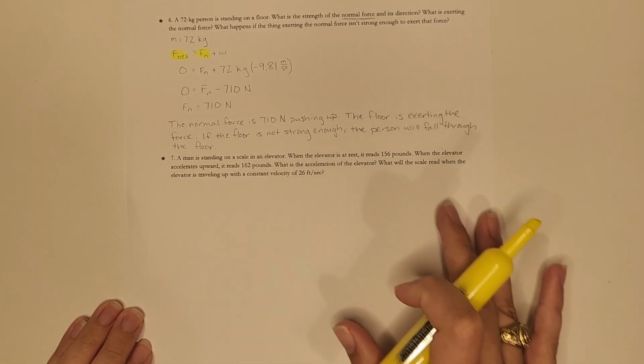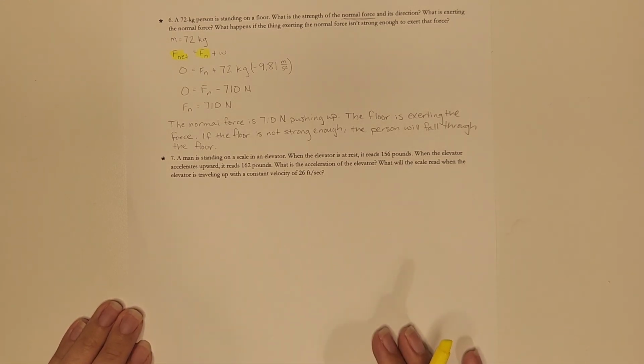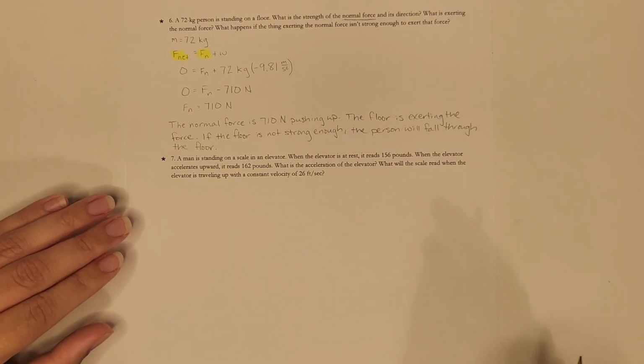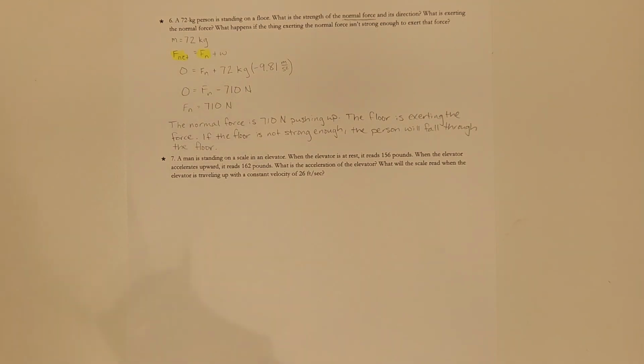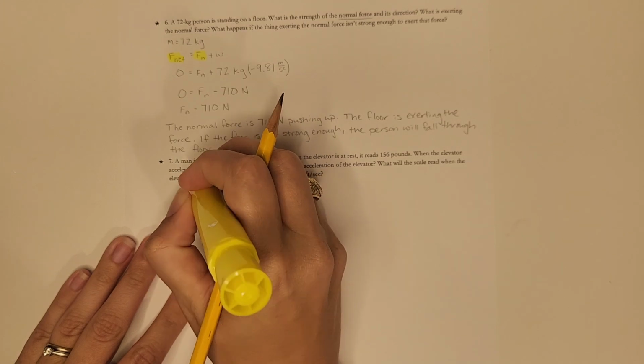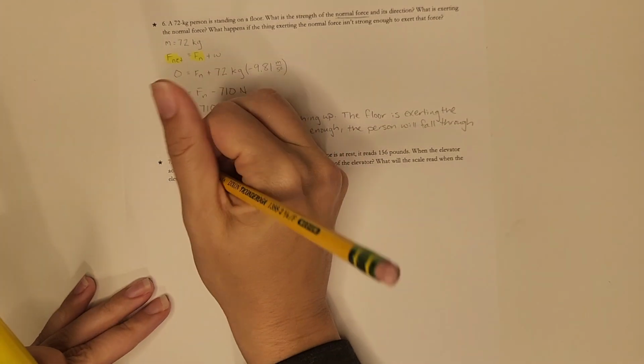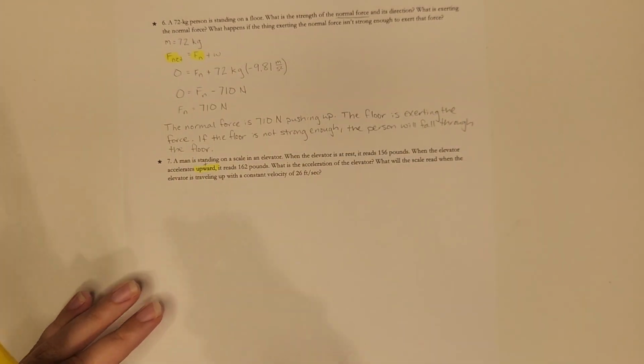We don't have force net or normal force in here, but we just know that we're going to need to use those. So I'll highlight those when we get to that. We do see upward, so we're going to define upward as positive. That's what makes sense, right?